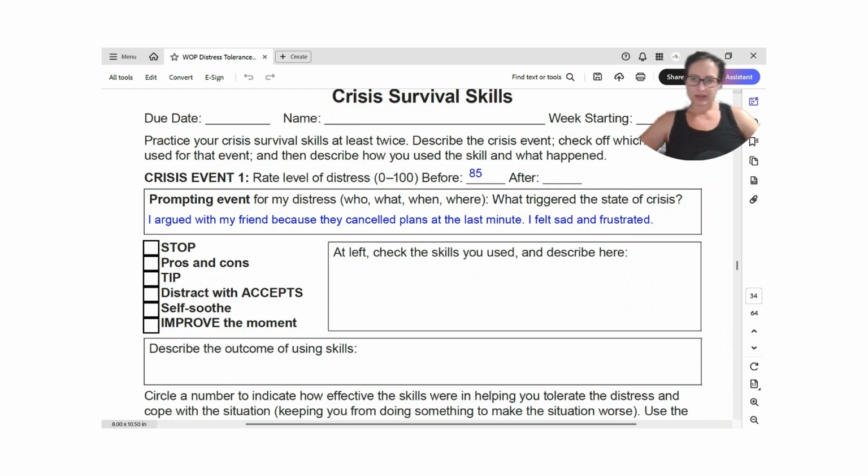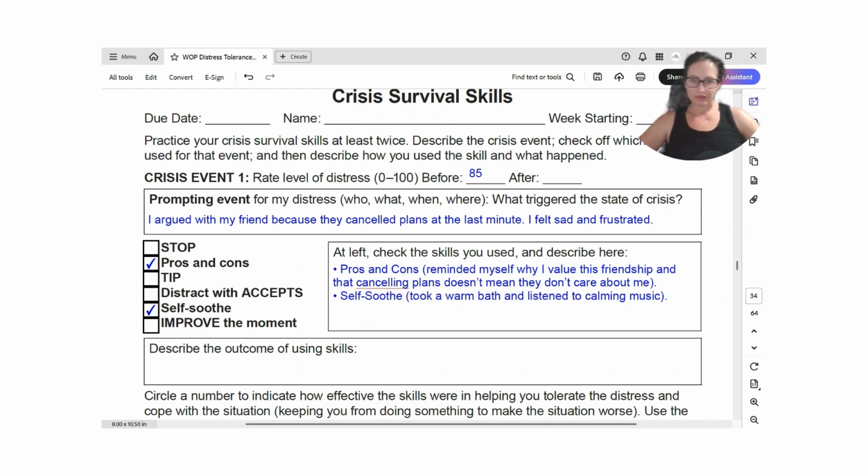So next we are going to check off the crisis survival skills that you used. Remember, even if you used other skills to get through the crisis, for this worksheet, just write about those that are listed here. I'm going to tick off pros and cons and self-soothe. The next step is to describe how we used those skills.